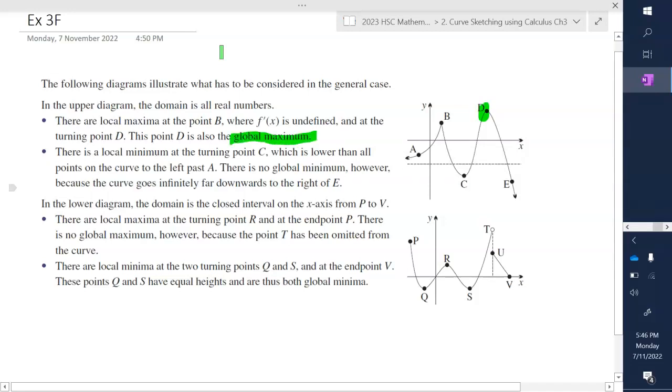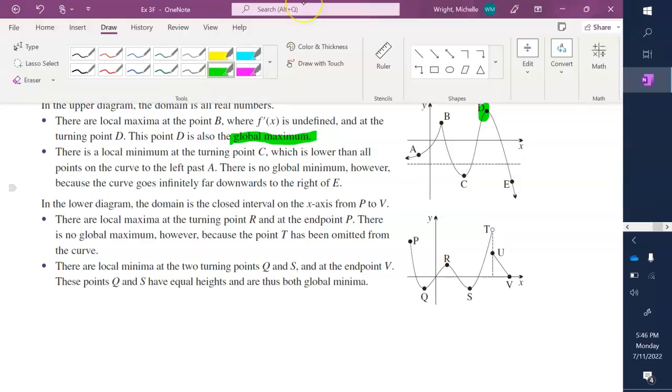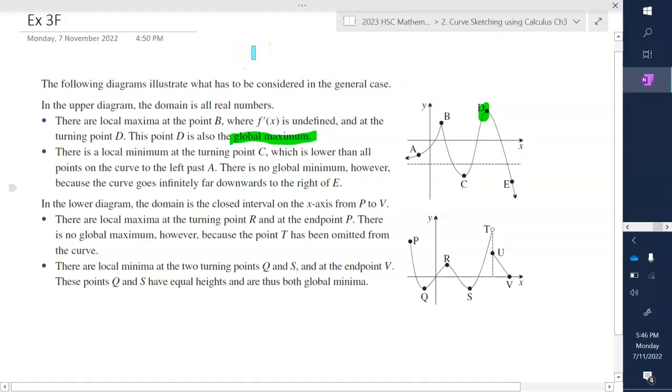It's higher than the other maximum point, and there are no other higher points on that curve. So that's what we mean. It's the highest of all the high points, basically, or the maximum of all the maximum points. So that's our absolute or global maximum.